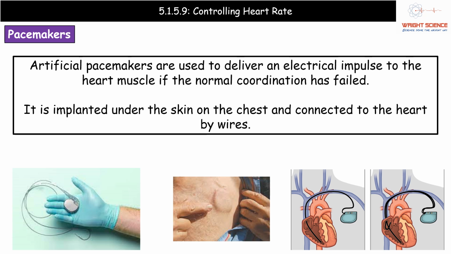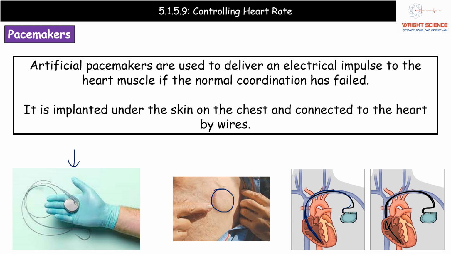Now, an artificial pacemaker, you see one in the little picture on the left there, is basically a little electrical device. We've got a little battery in there and then these long wires. They insert the little device just under the skin of the chest wall, and then those wires get fed down through your vein and into the heart itself.